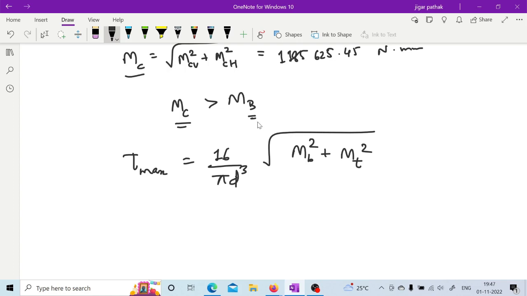Is it okay? Now what tau max are we going to consider? What value of the tau max are you going to consider?